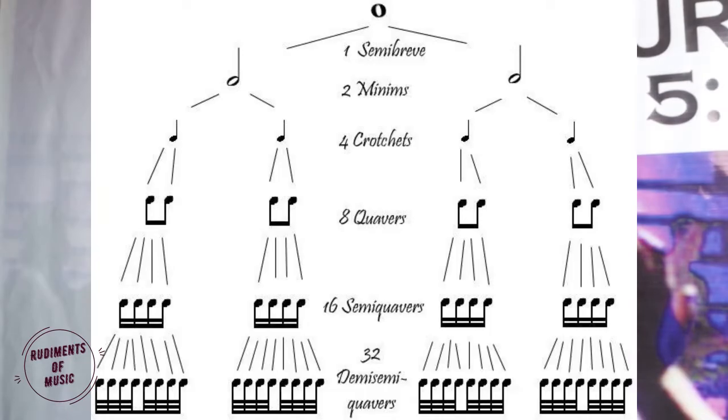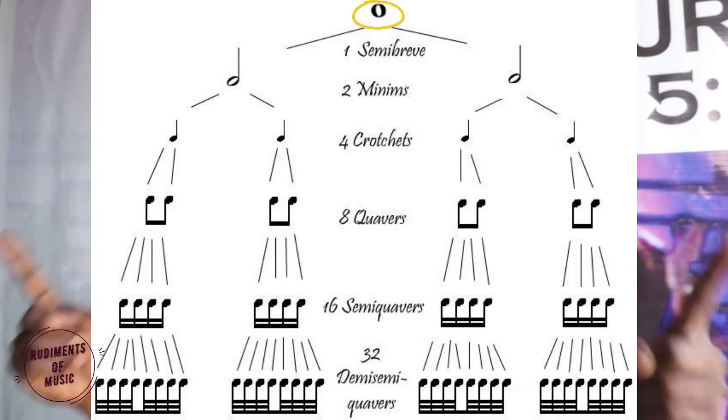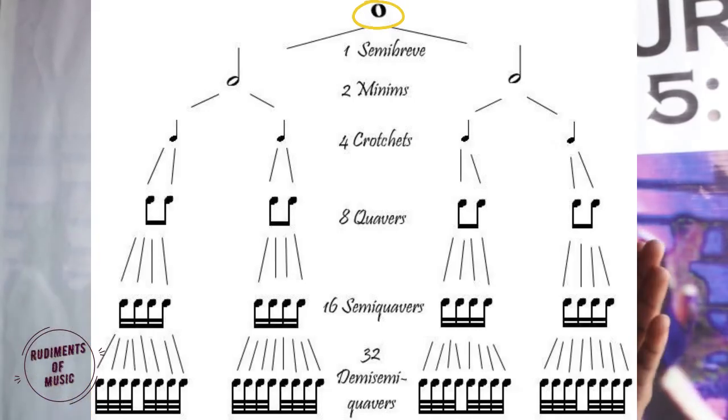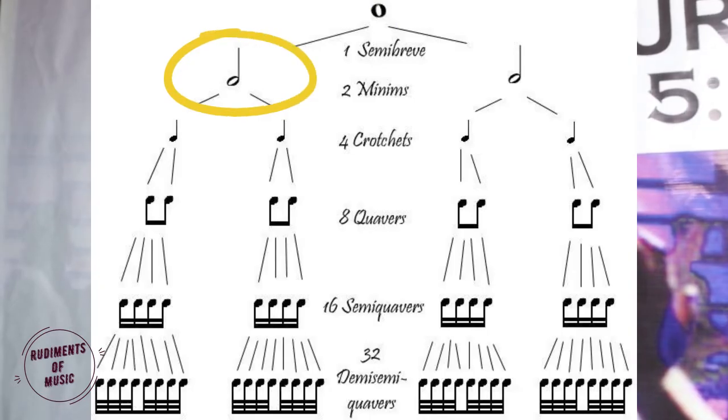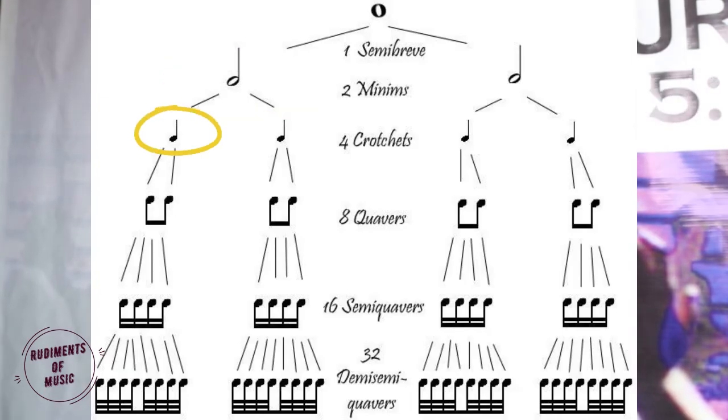If you look at it from the semibreve, you notice that on both sides you have the minim. So it tells you that one semibreve is equal to two minims. Then when you shift to one side, you notice that one minim is divided into two crotchets, and one crotchet is divided into two quavers.